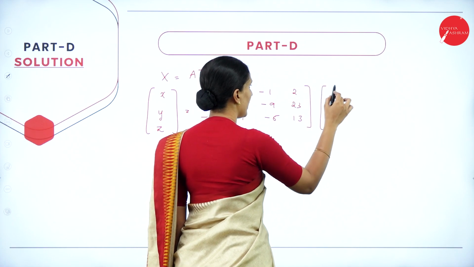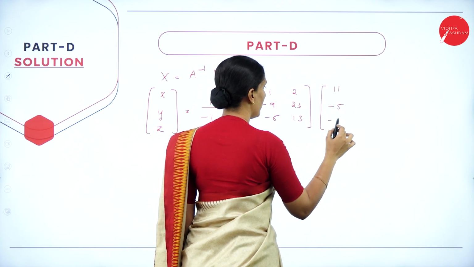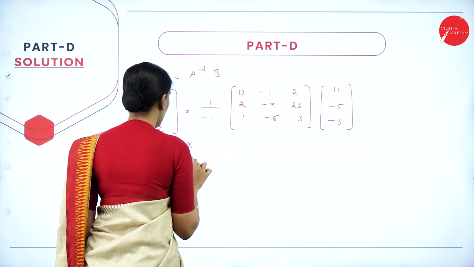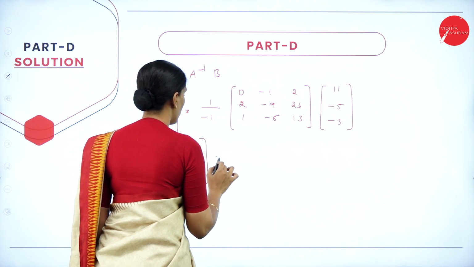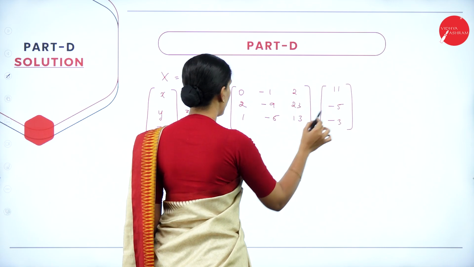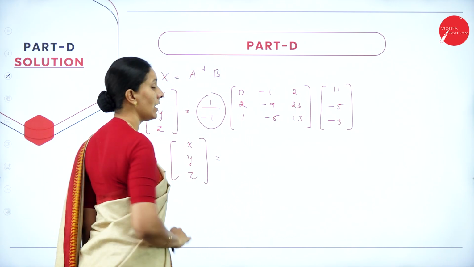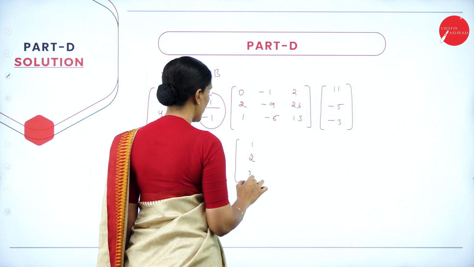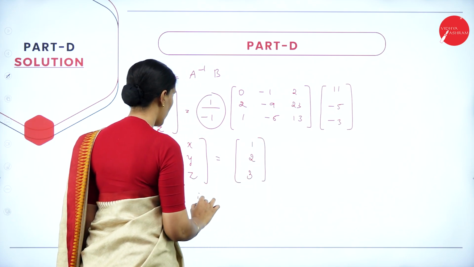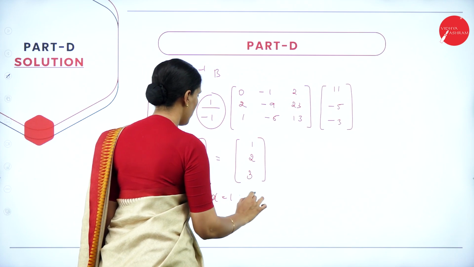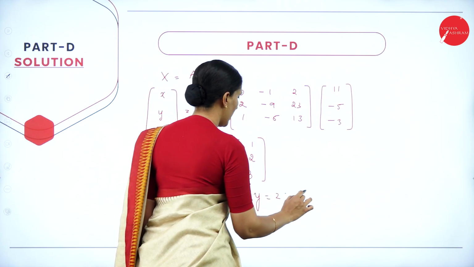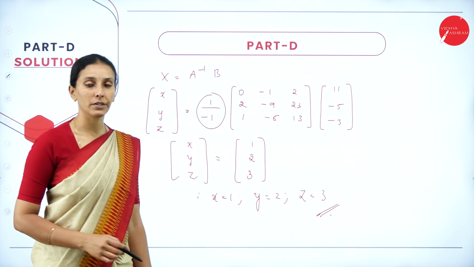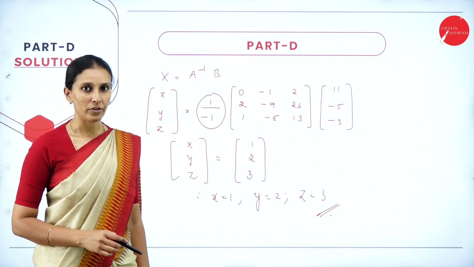And matrix B is 11, minus 5, minus 3. Now if we take the product of these two matrices, and divide this by minus 1, we will get the value of x, y, z as 1, 2, 3. Therefore, x is equal to 1, y is equal to 2, and z is equal to 3 is the solution for the given system of linear equations by matrix method.